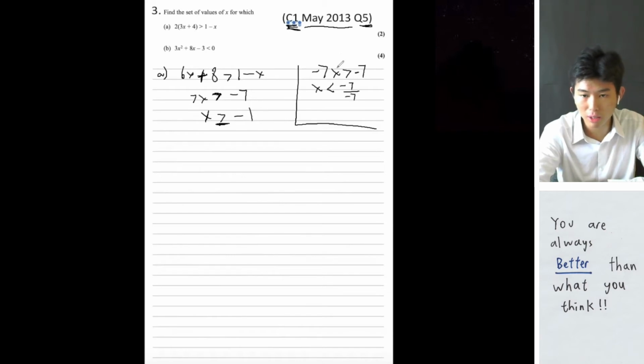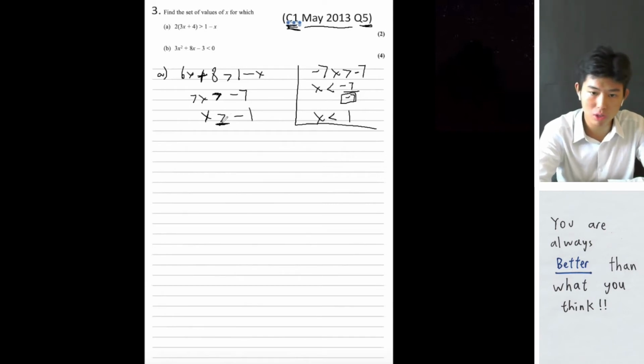The reason is that the denominator here is minus 7. So x would be smaller than minus 1. You can double check the answer by substituting any number that is smaller. Let's say 0. If you put in 0, 0 times negative 7 would be 0, which is greater than minus 7. So you can double check whether the direction of your arrow is right or not.